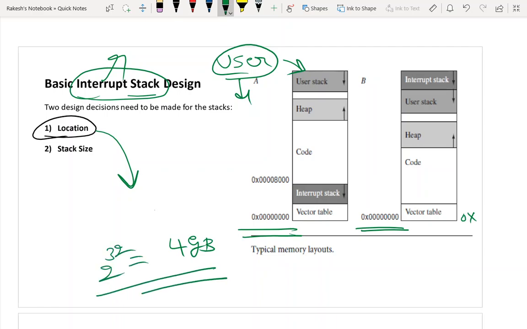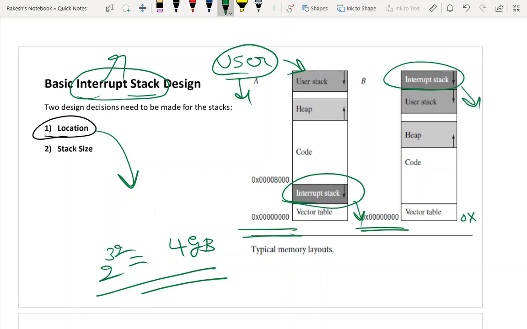In this 4 GB memory, where do you want to put this stack? Usually these are the two memory layouts that are followed. Maybe after the vector table the interrupt stack is put, or at the top of the address space you put the interrupt stack. So with these two memory layouts the location varies. Location basically determines where in the memory map the stack begins.